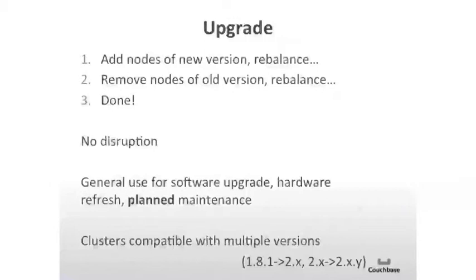Couchbase is compatible with 1.8 all the way up into 2.0, so you can do this rolling or online upgrade without any downtime, and not have to take the system down. This is also our general approach for any sort of planned maintenance. If you have to do a hardware refresh or patch the kernel or migrate to a new set of servers, our rebalance should be able to do all of that online without you having to take the system down.